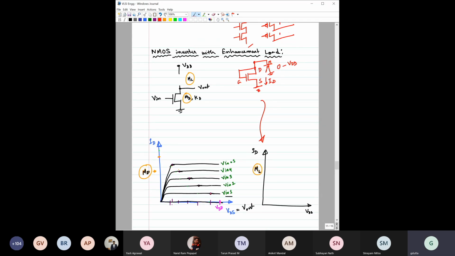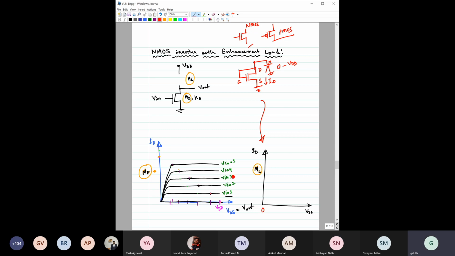Then could you please tell me, if I want to plot this ID versus VDS characteristic for this type of circuit, how does it look? We are starting from 0. Same as a diode. It will be like a diode.